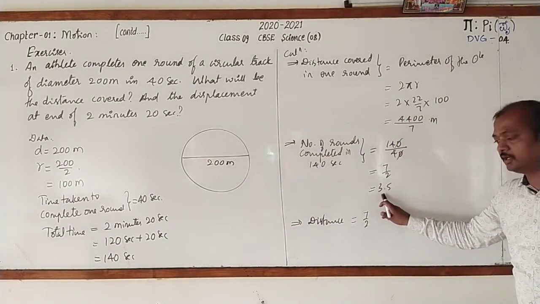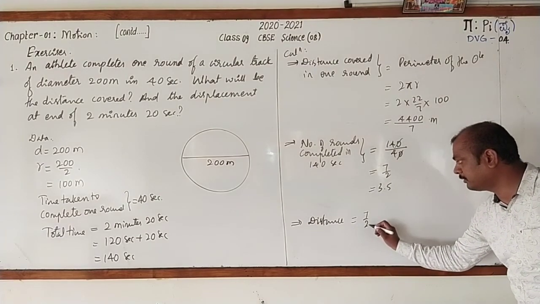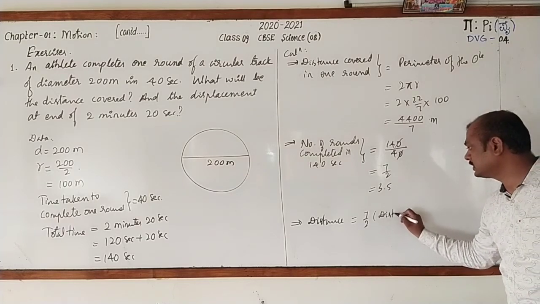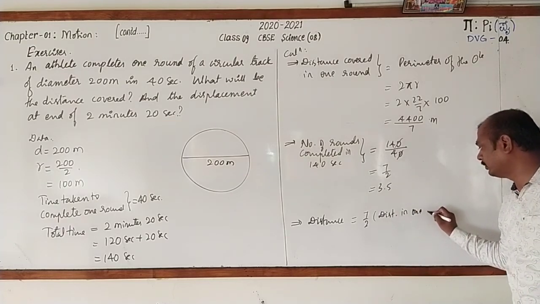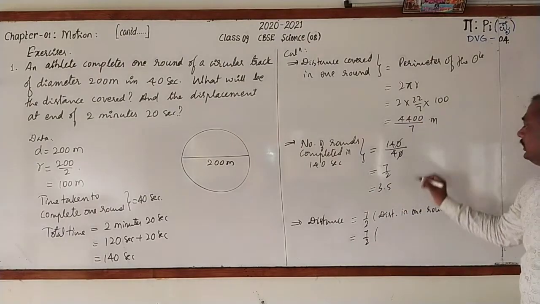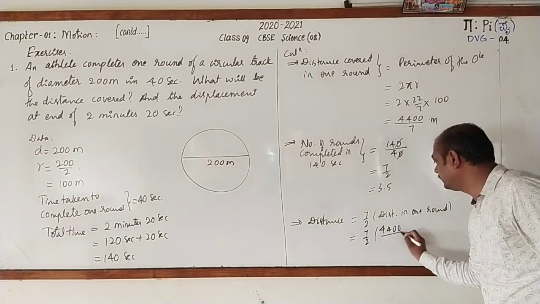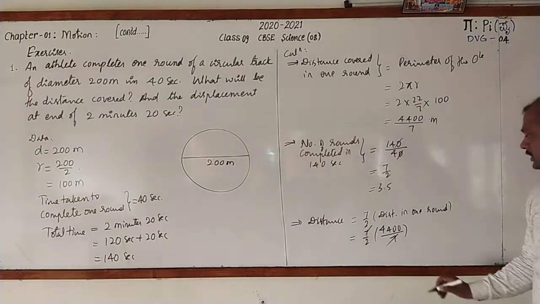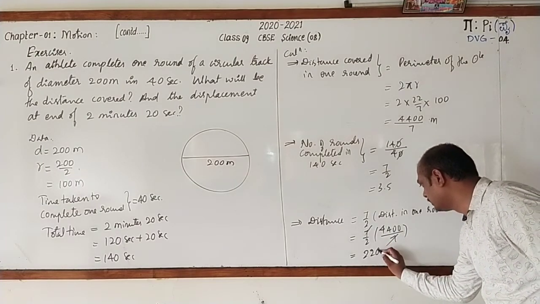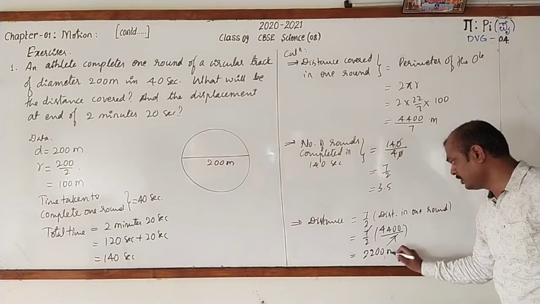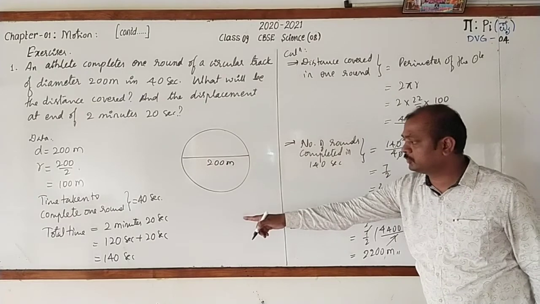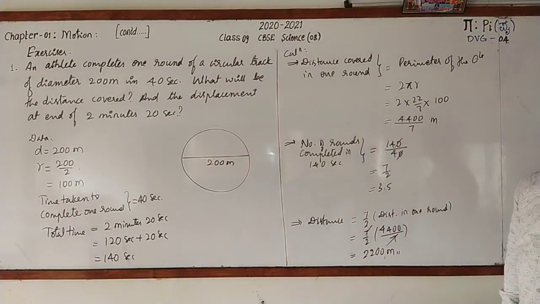He completed 3.5 rounds, and 3.5 rounds can be written as 7 by 2 into the circumference, that is the distance covered in one round. Already we have found that it is 4400 divided by 7. So 7 by 2 into 4400 by 7, the 7s get cancelled, and 2200 meter is the distance covered by the athlete in 140 seconds, nothing but 2 minutes 20 seconds.